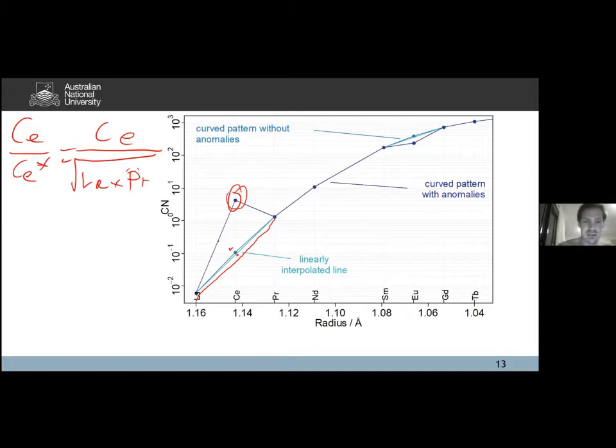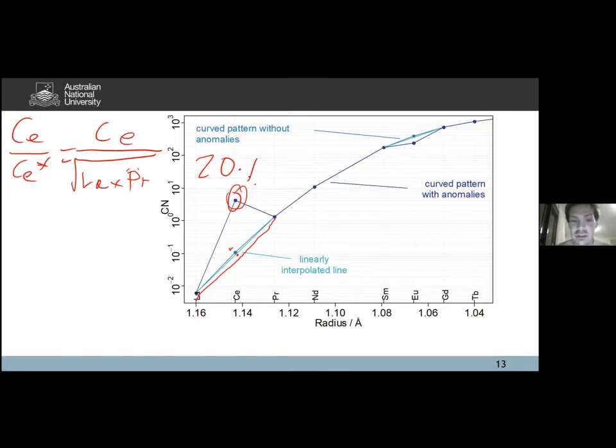So in this case, it's a log scale spanning 5 orders of magnitude. I will tell you that in this case, the cerium anomaly, when it's calculated relative to the interpolated line, is 20% higher than what it is calculated relative to the, let's say, the correct curved place where it should be. So we're talking about 20% for the cerium anomaly, which is quite a lot.